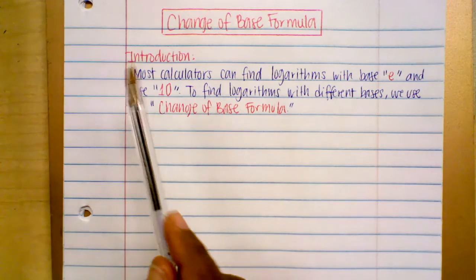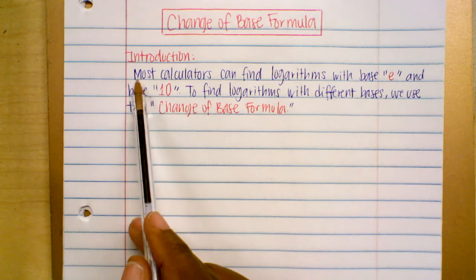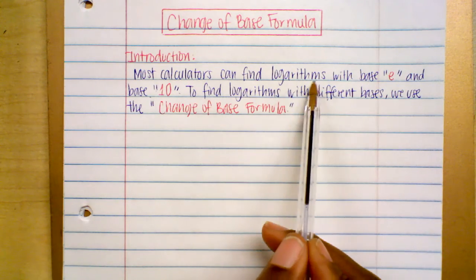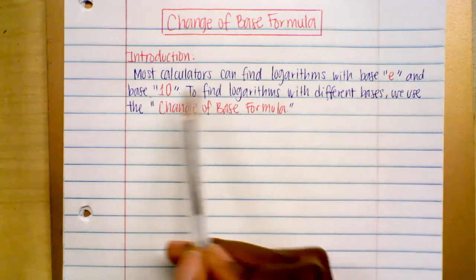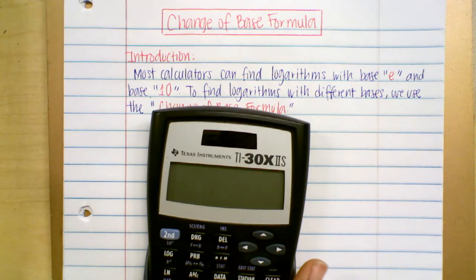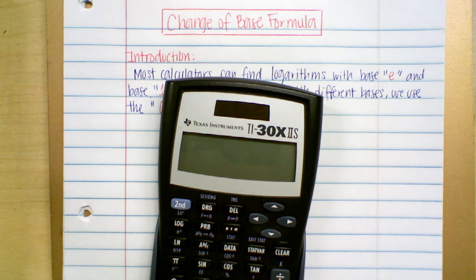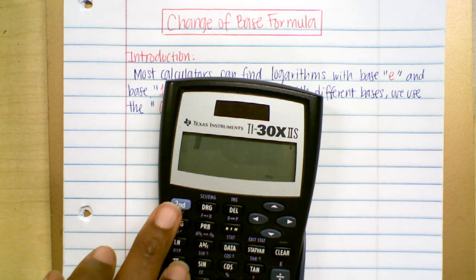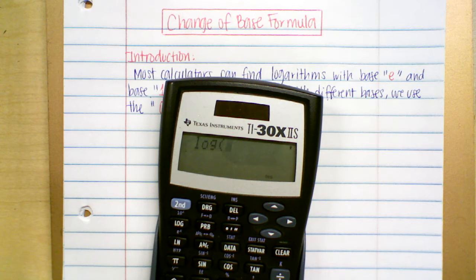I explained that in the introduction by saying that most calculators can find logarithms with base e and base 10. For instance, if you take a scientific calculator like this, you can find the common log, which is a log with the base 10.